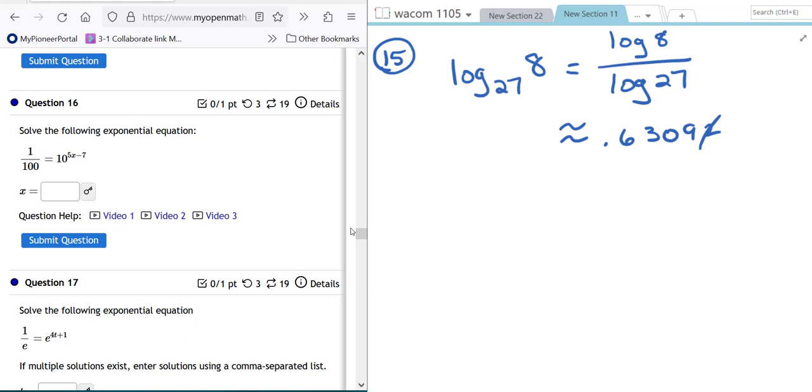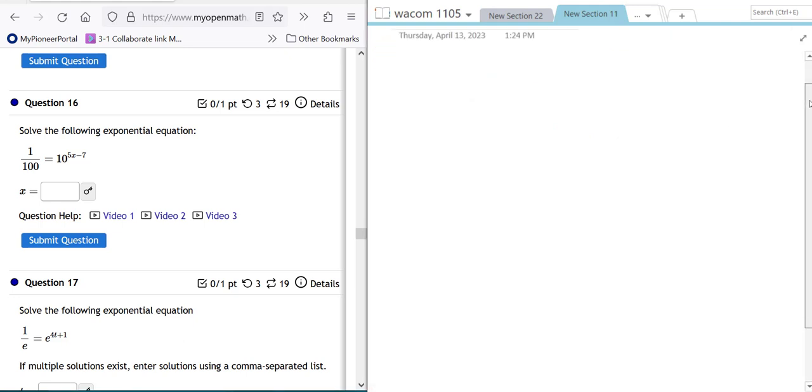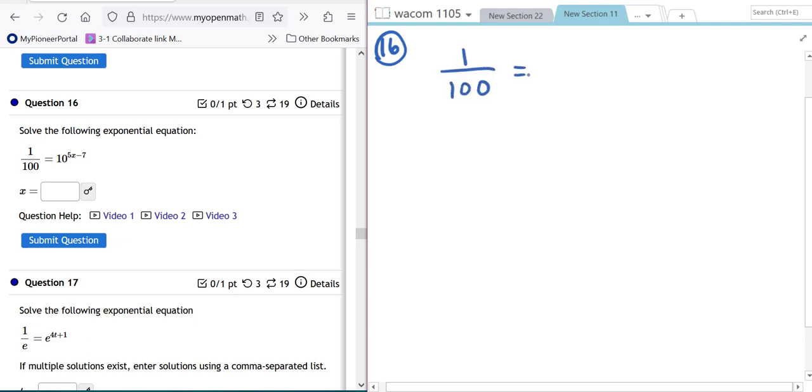All right. 16 is going to be a solved problem. It has equals in it, and I better get a new page. I might need a little bit more room. So this is an exponential equation. You don't see any logs there. And we can try to solve them by making the bases the same. If you can get the bases the same, then you can set the exponents equal and solve.